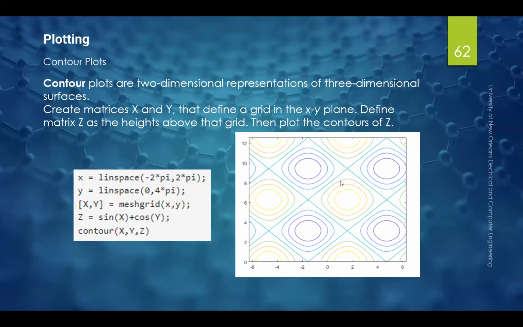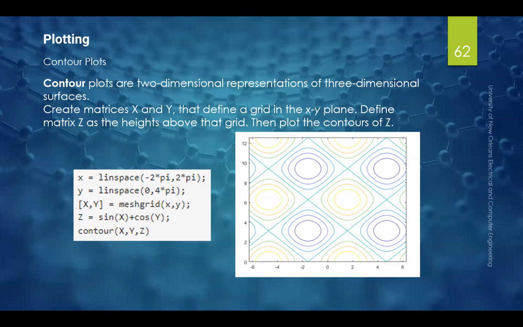Even though you're looking at a two-dimensional plot, it has to understand the different areas it has to cover based on that grid. So in any case, the contour function creates a contour view, if you will, of a three-dimensional plot.